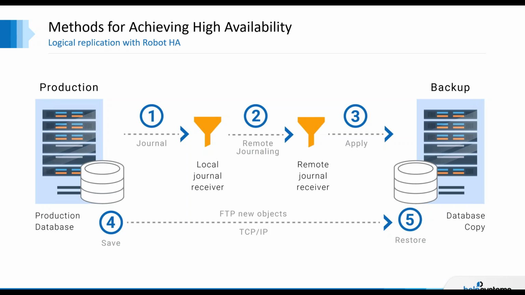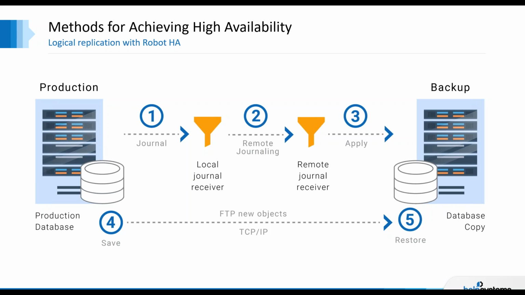Exactly, yeah. So this is probably one that you're maybe a little bit more familiar with. This one is actually Robot HA. These are mature solutions. They're built on remote journaling, again, which is built into the IBM i operating system. So for those objects that can't be journaled, these solutions, we're talking about Robot HA, allow you to set a check stroke refresh interval. One word of warning here is that a number of vendors have a huge reliance on the audit journal, QAUDJRN.